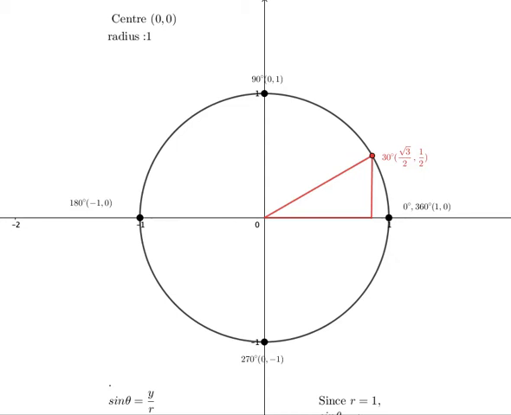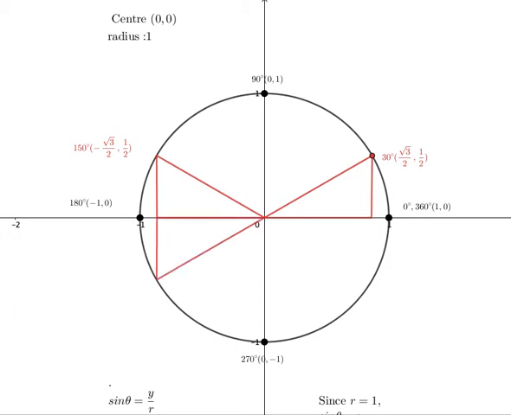Moving on to the quadrant 2 related angle to 30 degrees. Now this angle will be 30 degrees less than 180, so that would make that angle 150. This angle, 150, has a cosine ratio of negative root 3 over 2 and a sine ratio of 1/2.